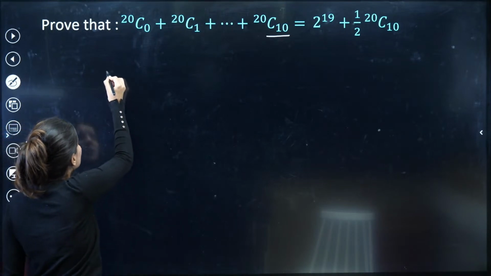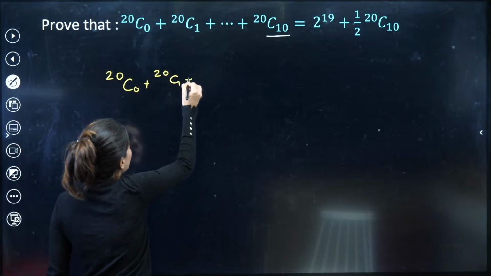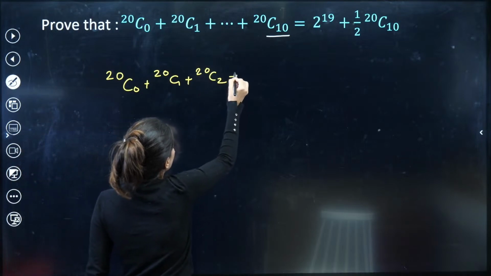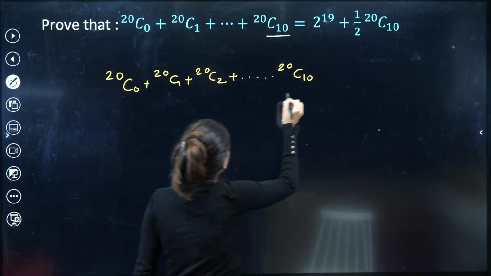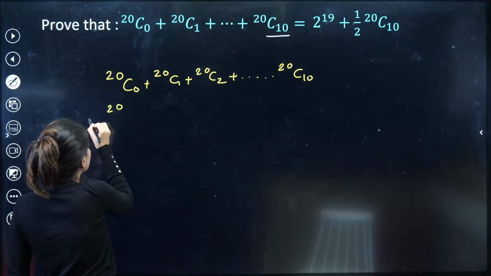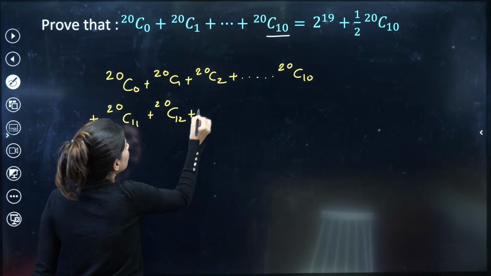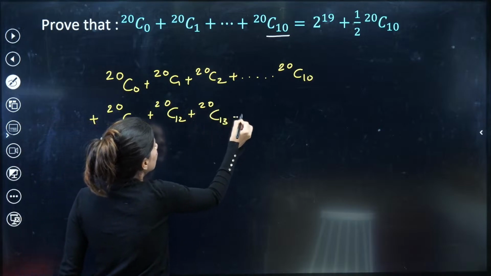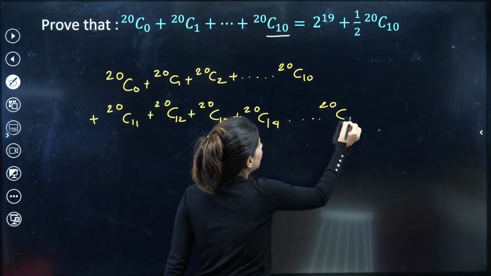So what you know is 20C0 plus 20C1 plus 20C2 and all the way up to 20C10. Then you have 20C11 plus 20C12 plus 20C13 plus 20C14 and last 20C20.